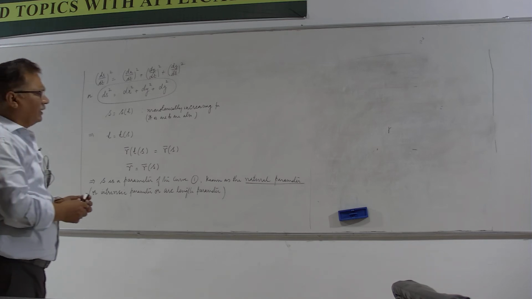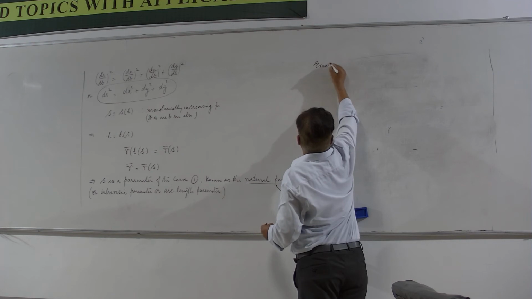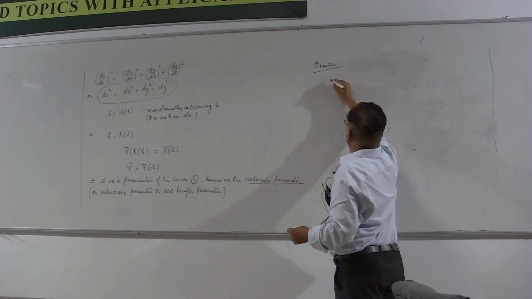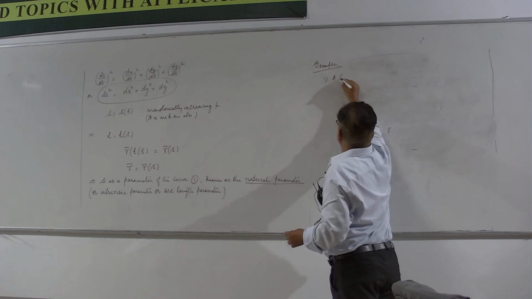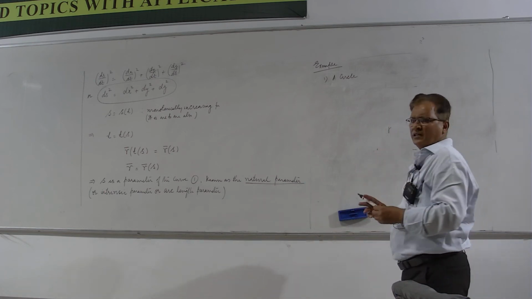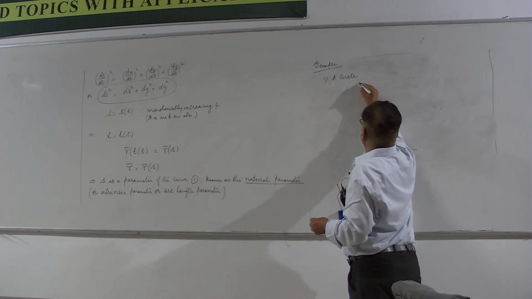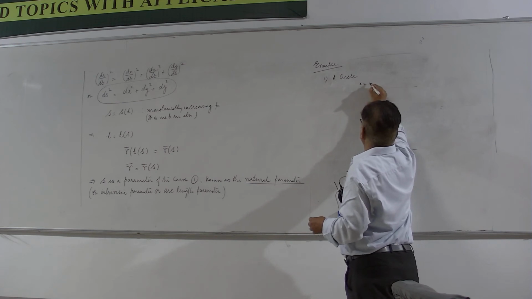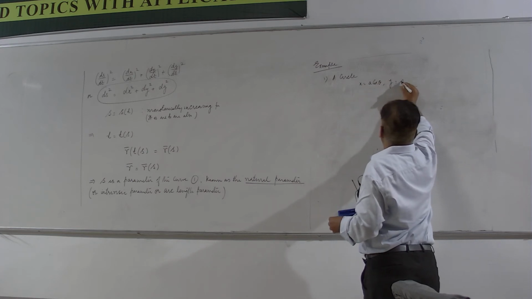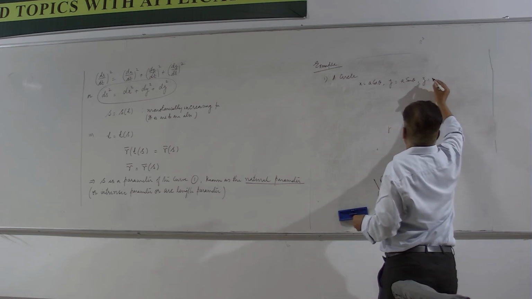So, this is the natural parameter, and now we move on to some simple examples. Let me start with circles. A circle, for simplicity, I can consider a circle centered at the origin. So, it will look like x equal to a cos theta, y equal to a sin theta, and z equal to say 0.